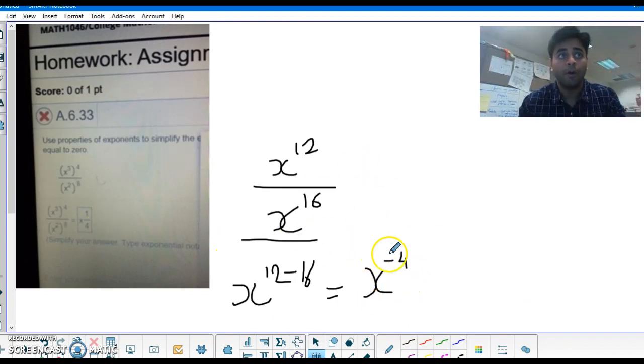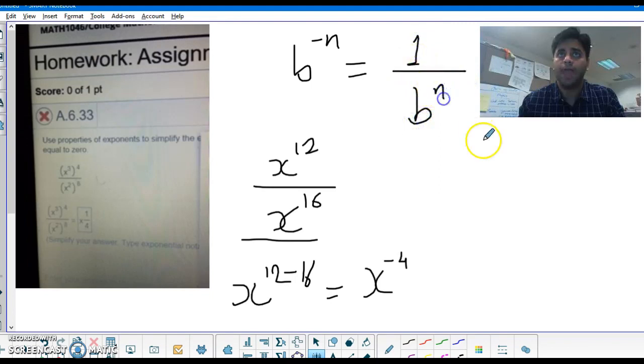But if you want positive exponential notation, then we know another formula. Whenever you see b to the power negative n, the whole quantity will come in the denominator and becomes positive power, b to the power n. B to the power negative n is equal to 1 upon b to the power n.